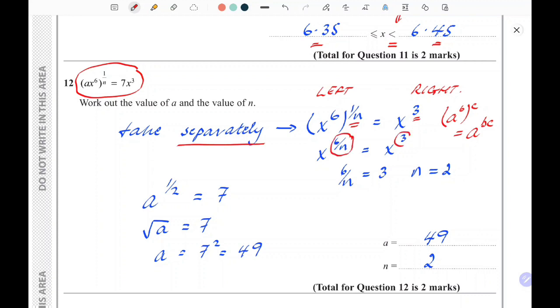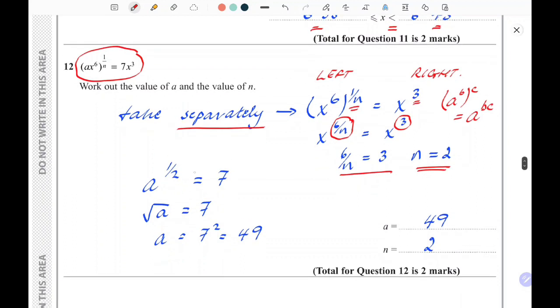And if these powers are equal, then 6 over n must equal 3, and therefore n equals 2. That's the first thing. The other side of it, the whole number, the 7, must be a to the power 1 over n. We've worked out that n equals 2.